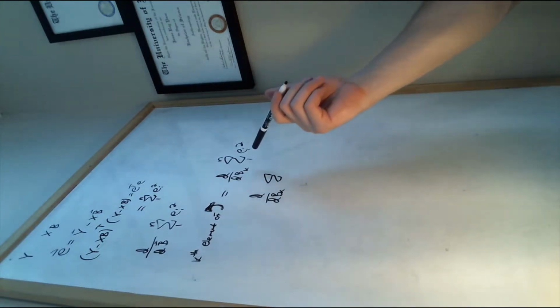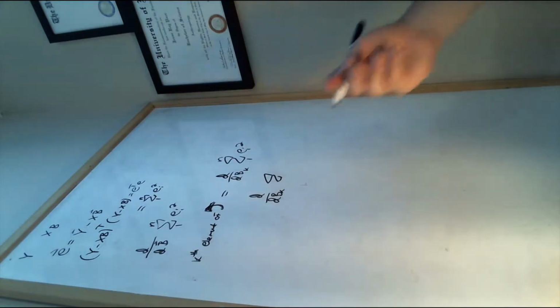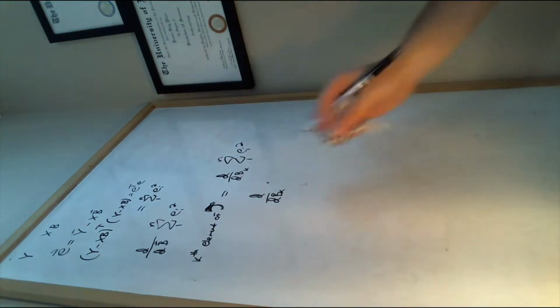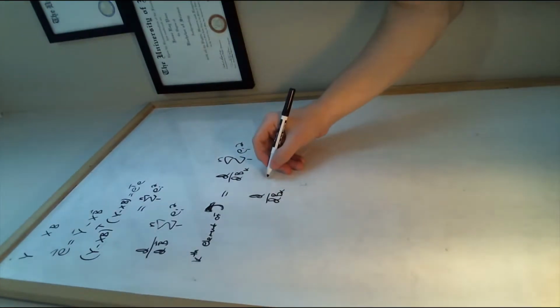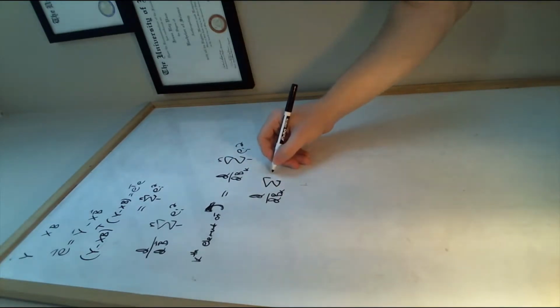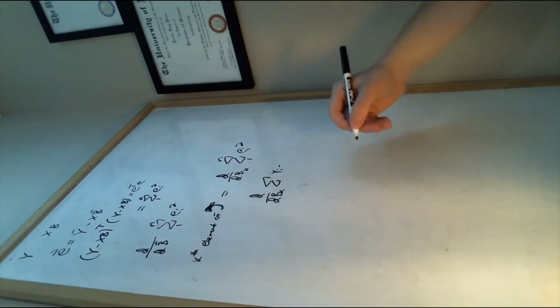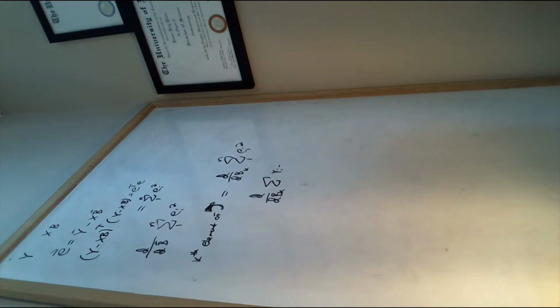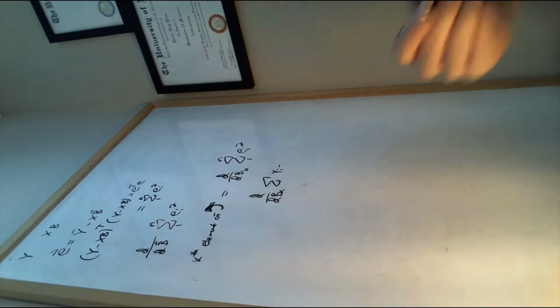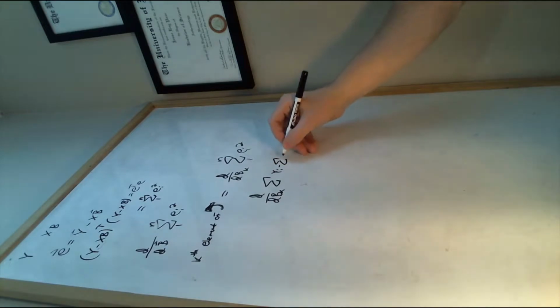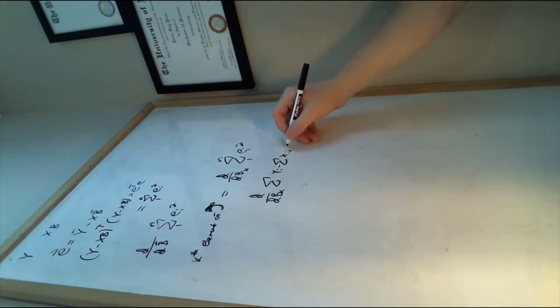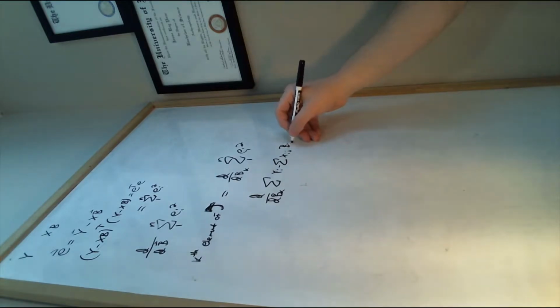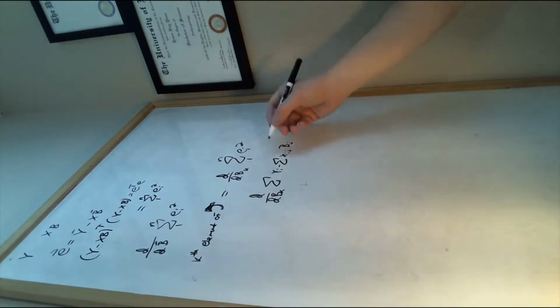So a single e i must be equal to y i minus, now remember, x has both rows and columns, so it'll be a sum of x i j times beta j, and then this whole quantity squared.